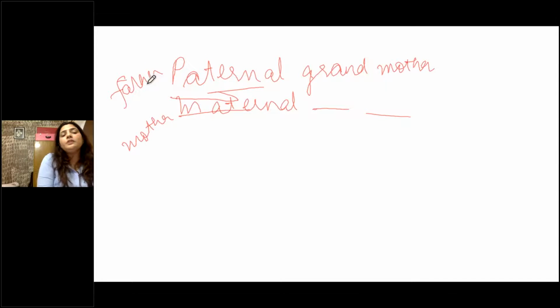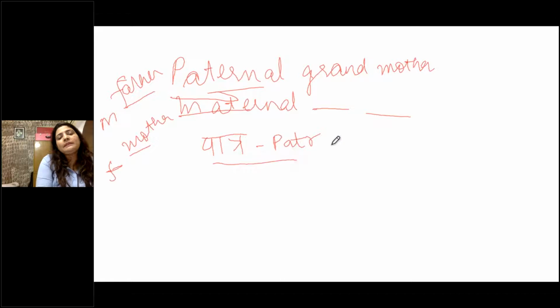So what am I going to do? We know the gender of a father is male and the gender of a mother is female. Try to go with me. I would then come up with this Hindi word. Do you all know this? I'm writing Hindi, so I'll write the English language as well. Patra. Patra word comes from the word pita.